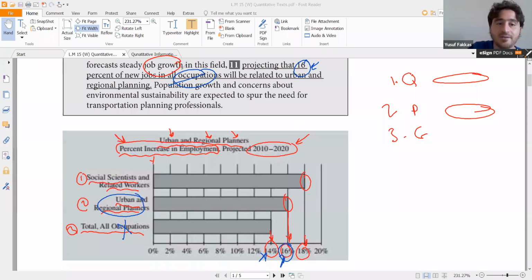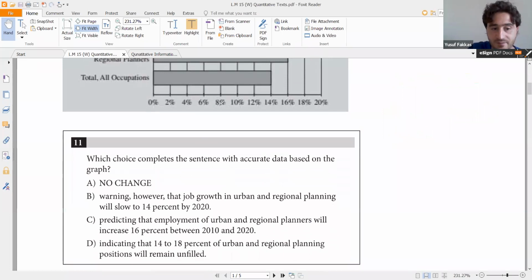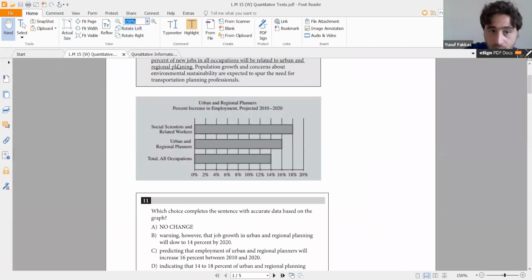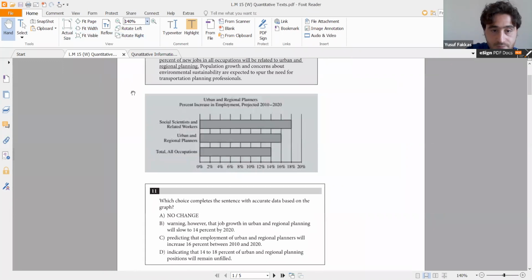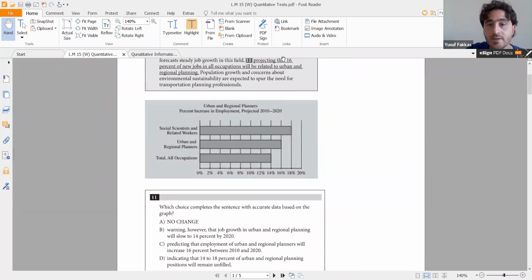So we know that A, no change, is wrong because the sentence is not correct according to what we have in the graph, right? So A is wrong. Now, let's see here. I'm going to zoom out so that we can see everything all at once. Okay, so as we said, here they say 16 for all occupations and urban and regional planning.